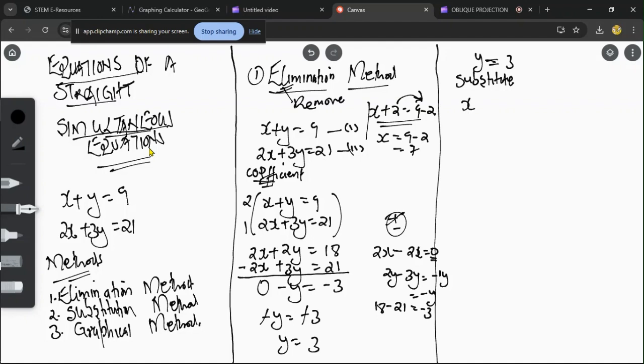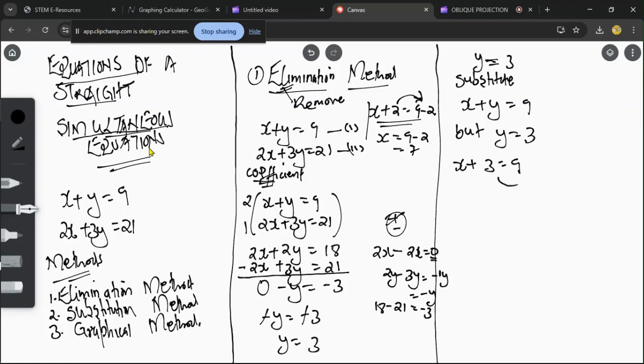So I write x plus y is equal to 9. But have we gotten the value of y? Yes, my y is equal to 3. So where there is y, instead of writing y, I'll write 3. So I'll say x plus 3 is equal to 9. Therefore, I want to remain with x alone.